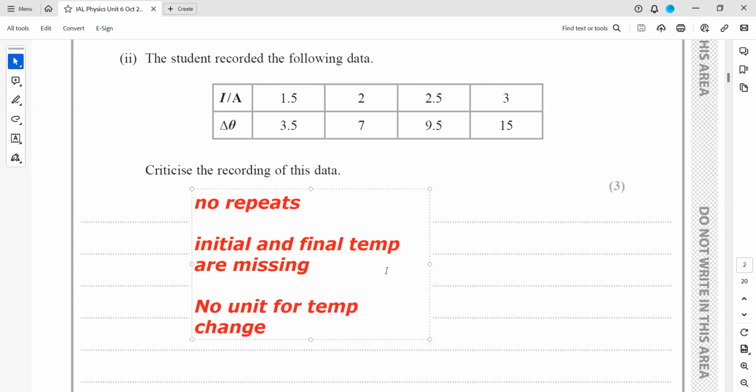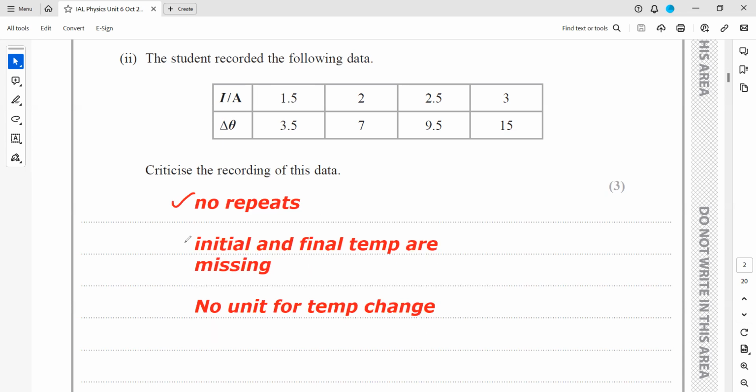So no repeats, initial and final temperatures are missing, and no units for the temperature change. He did not write any unit here.